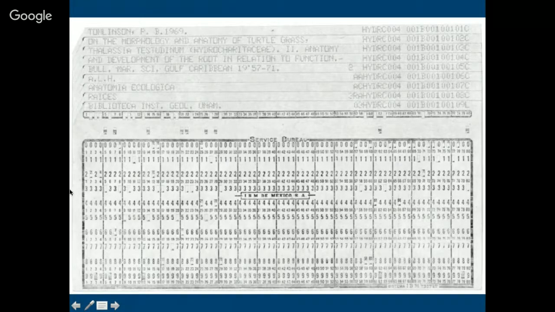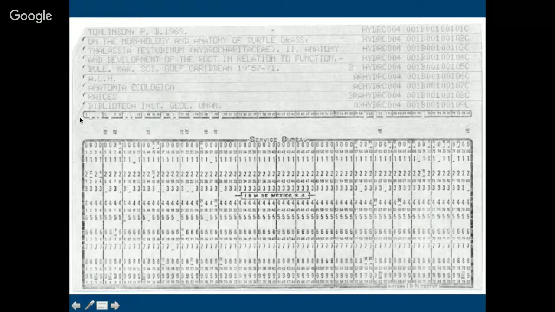This card here is a data record. Essentially, you can see 1, 2, 3, 4, 5, 6, 7, out to 80. And then you can see these punches, where different little windows are removed.